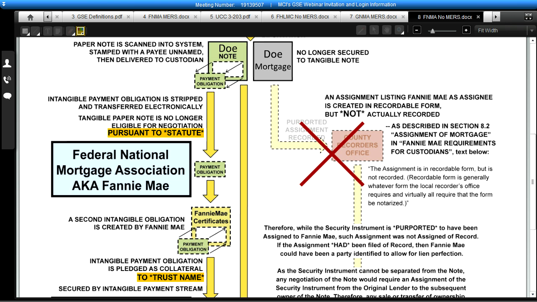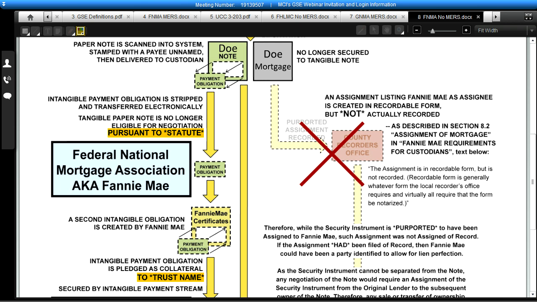As described in Section 8.2, Assignment of Mortgage and Fannie Mae Requirements for Custodians. Quote, the assignment is in recordable form, but is not recorded. Recordable form is generally whatever form the local recorder's office requires, and virtually all require the form be notarized.